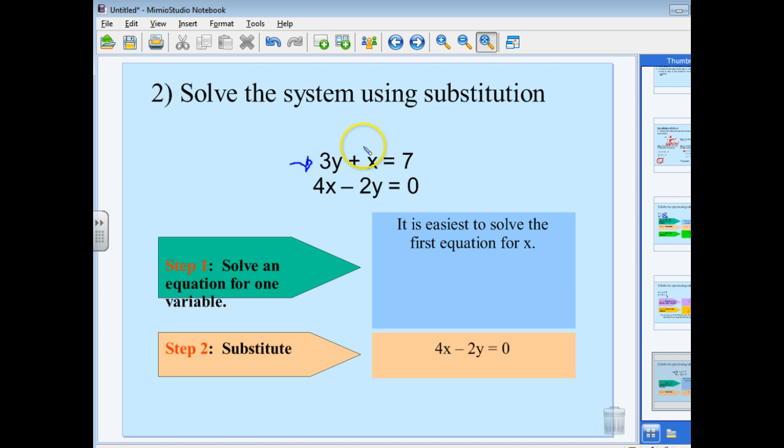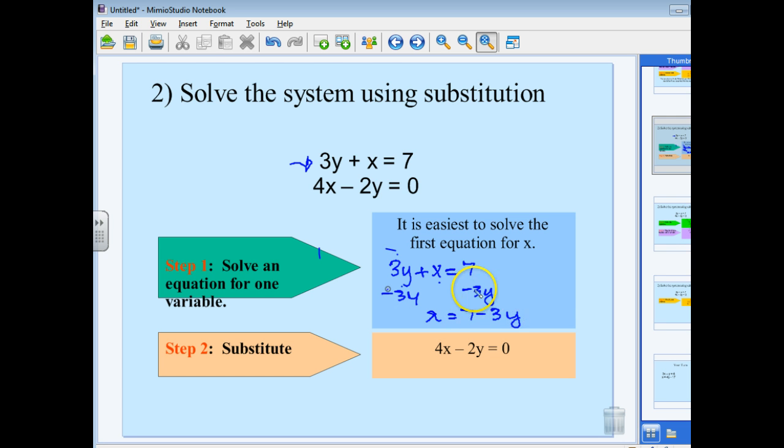You want to use the equation that has 1 as the coefficient, so that way you don't deal with fractions. So we are going to do 3y plus x is equal to 7. We are solving for x, so we subtract 3y on both sides, and we get x is equal to 7 minus 3y.